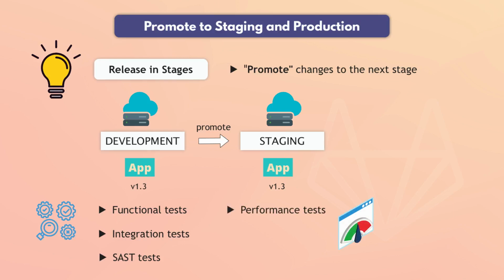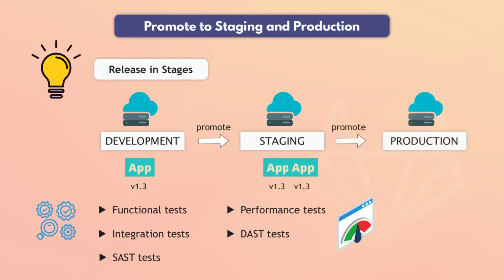And you may also run tests to make sure your application isn't susceptible to attacks because of some security issues. And if those tests are successful and validate that the changes didn't slow down the application, there are no security issues, and so on, you can again move or promote those changes to the final stage, which is production.